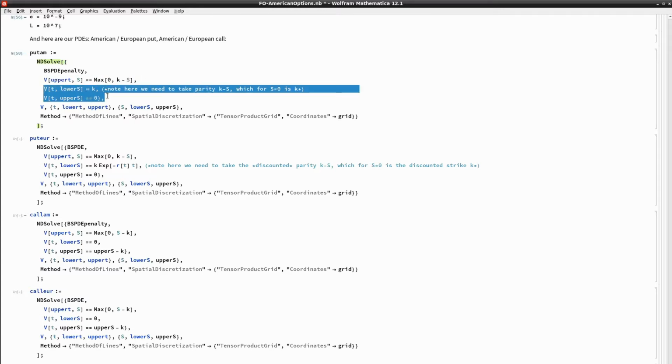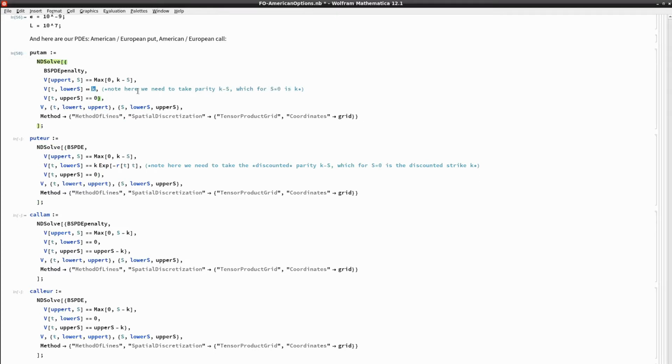We need two restrictions in space. For t and lower s it is k, and note that here we need to take parity k minus s. In the European case, you remember it was the discounted strike. So for the European definition here I have to use the discounted strike, but in the American case I have to use parity. But k minus s for a stock price of 0 is simply k, right?